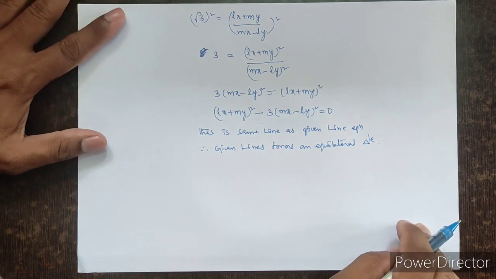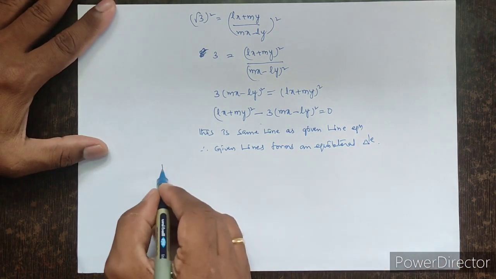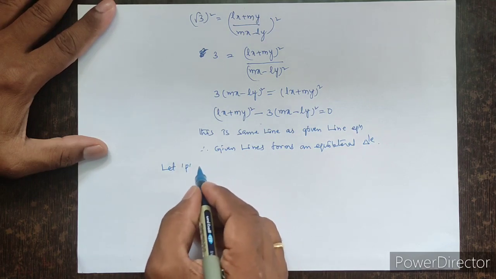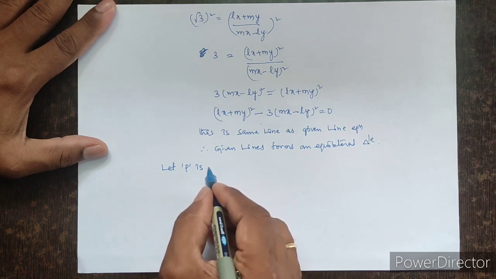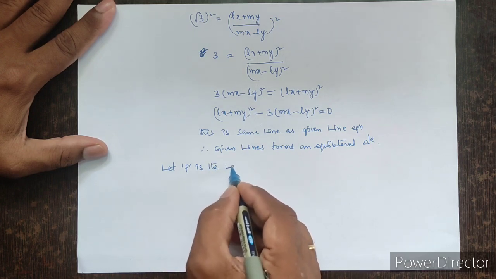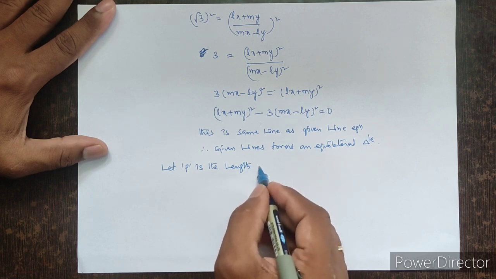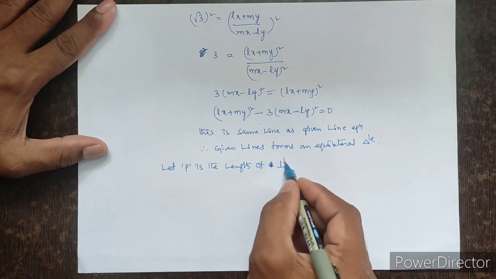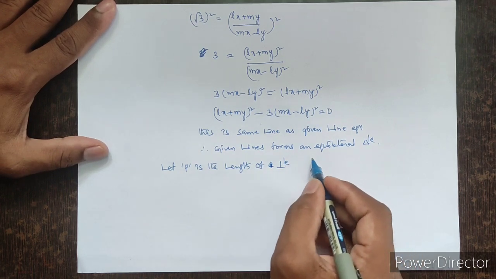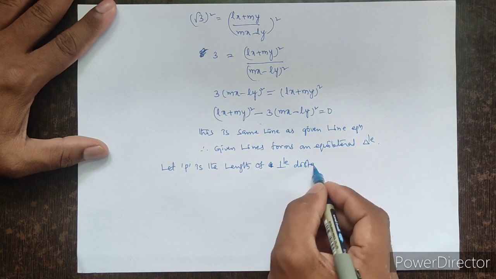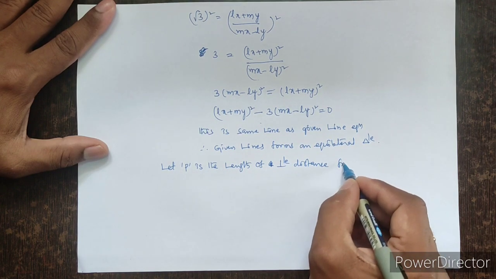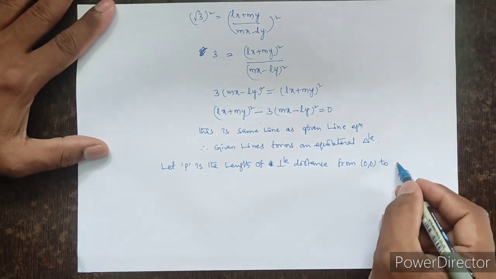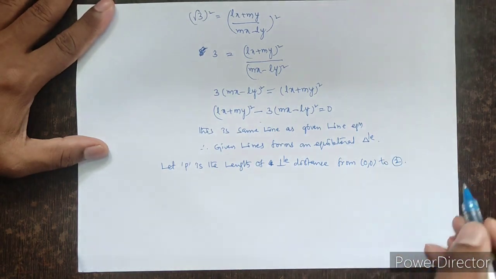Let P be the length of the perpendicular distance from the origin to line 2.